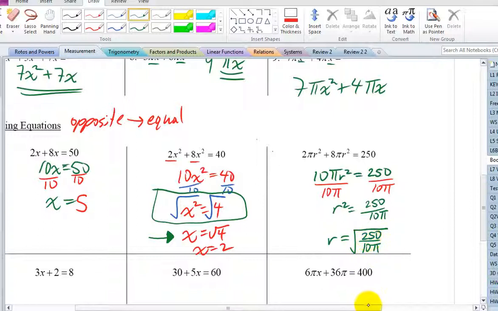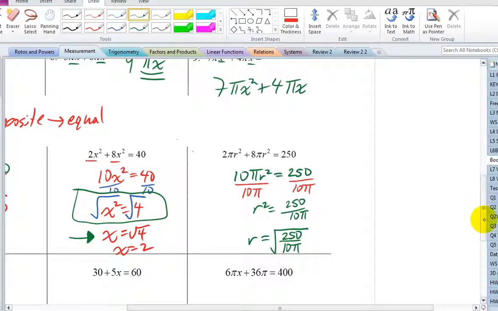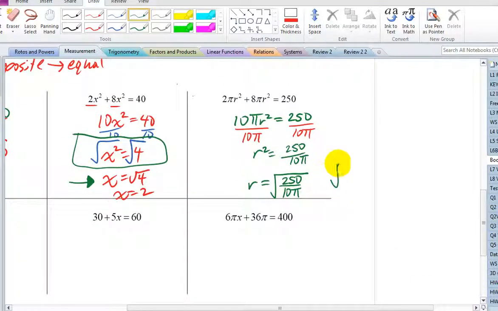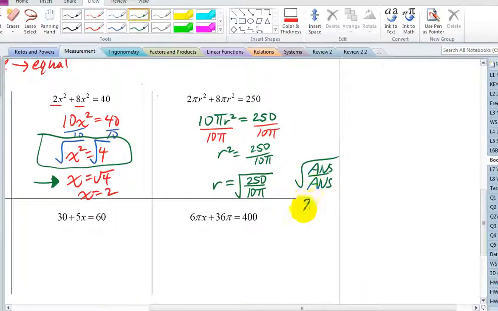Now don't touch your calculator yet. This is actually the square root of an answer divided by an answer. So on your calculator, you want to go 250 divided by bracket 10 pi bracket, then press equals.